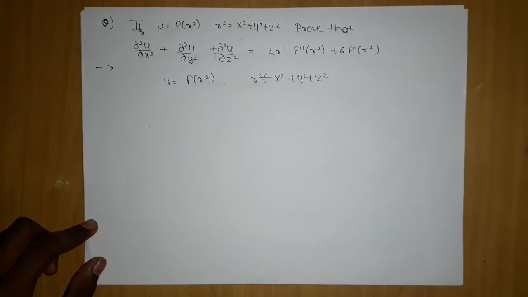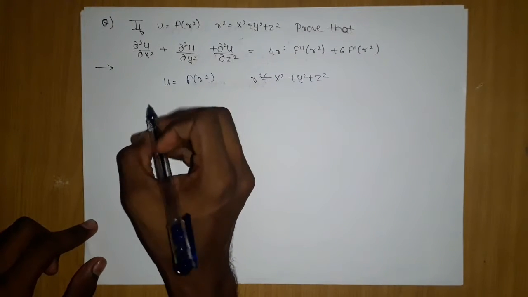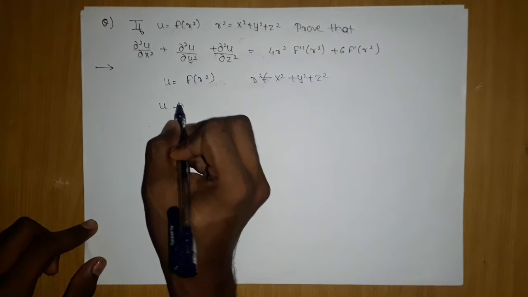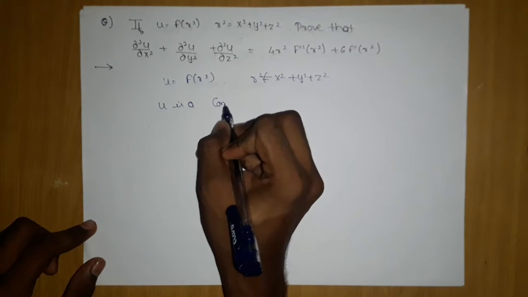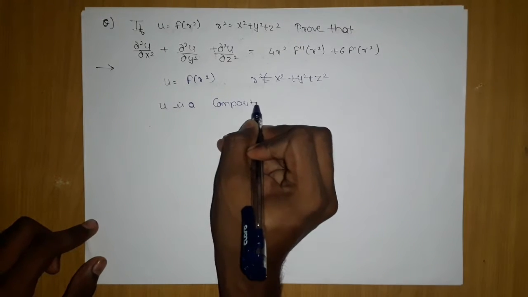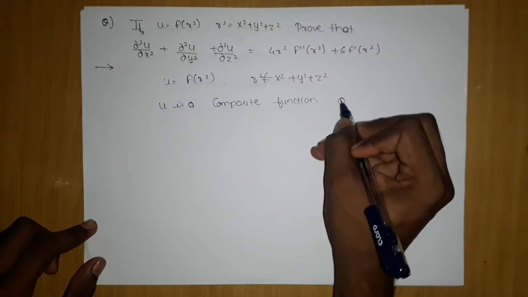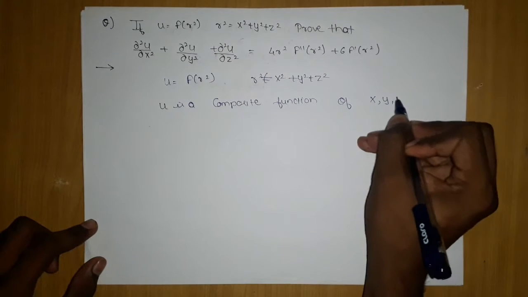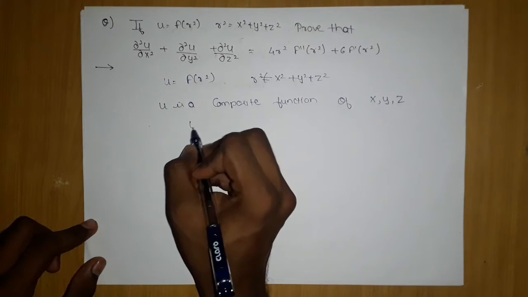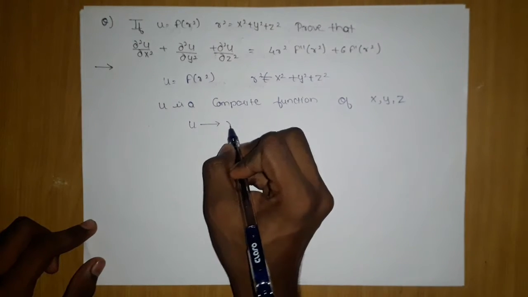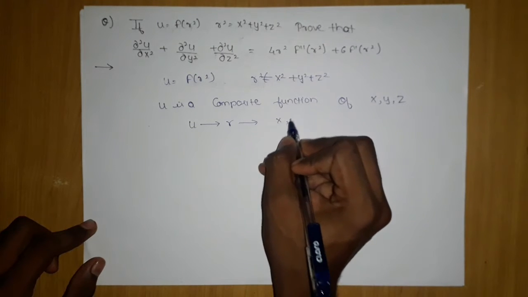After noting this down, we are going to say that u is a composite function of x, y, z, right? Where u first is a function of r, where r is a function of x, y, z.